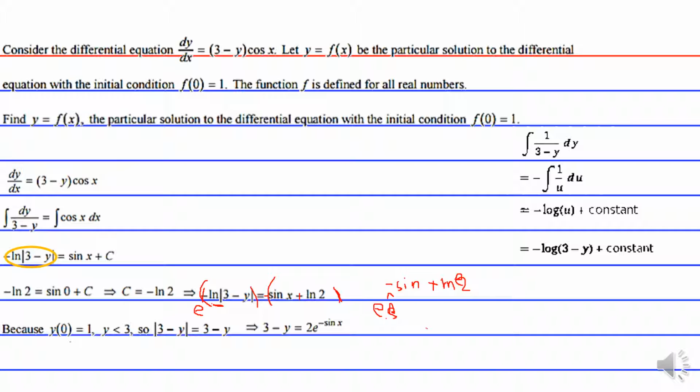Now what we can do is separate this, and we end up with e to the negative sine x times e to the natural log of 2.